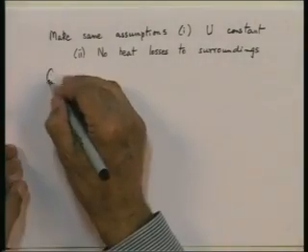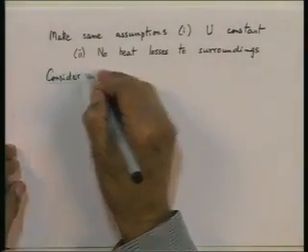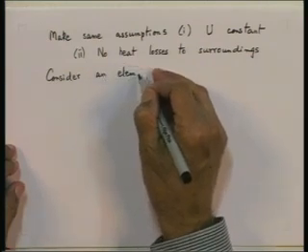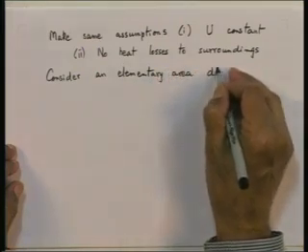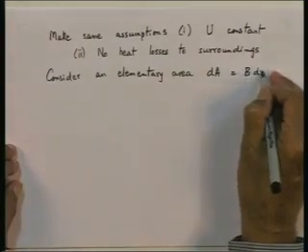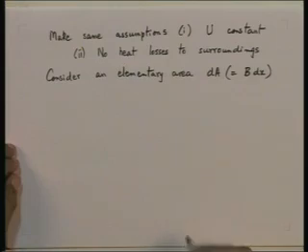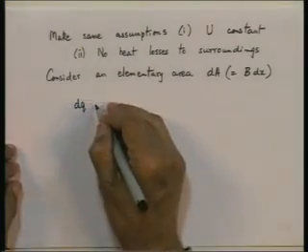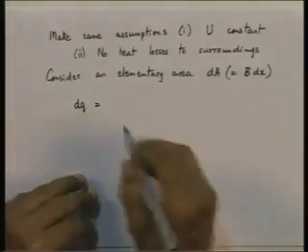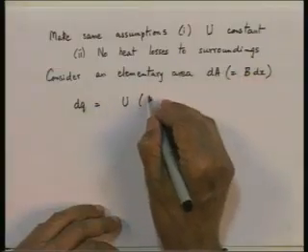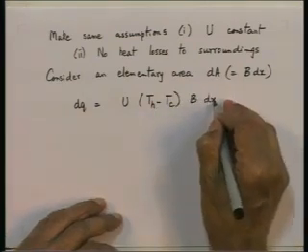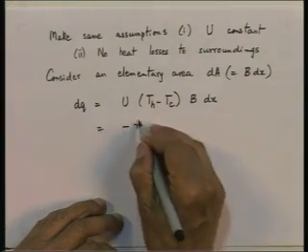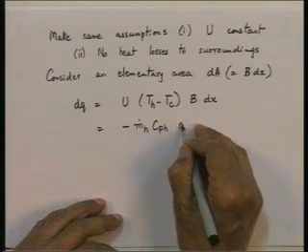Consider again an elementary area dA equal to B dx. dq, the heat transfer rate, proceeding more or less in the same fashion as earlier, dq, the heat transfer rate across dA will be U (Th minus Tc), the temperature difference from the hot side to the cold side, multiplied by P dx, that is equal to minus m dot h Cph dTh.